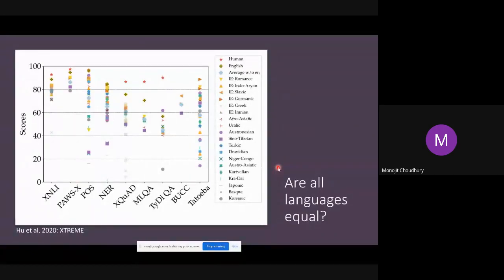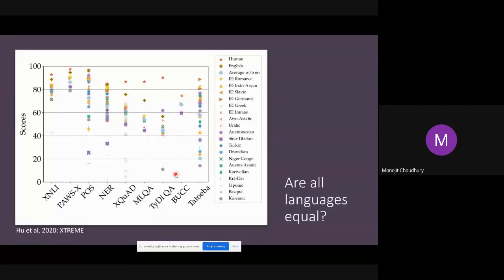So for instance, Korean and Japanese are not very helped with this kind of zero shot. In fact, Indian languages like Hindi, Urdu, Swahili, and African languages are also not helped, whereas European languages are helped more by English. Now, I think many of you would have already guessed that English is similar to those languages, and therefore fine-tuning with English helps those languages.